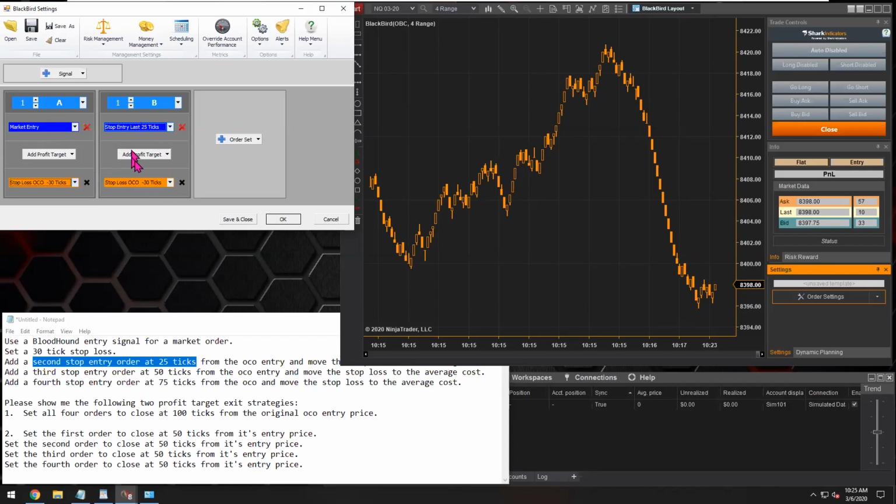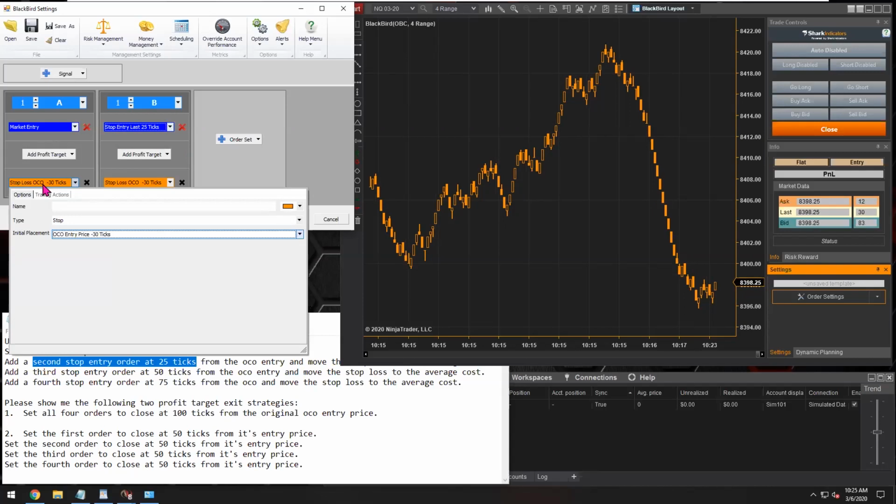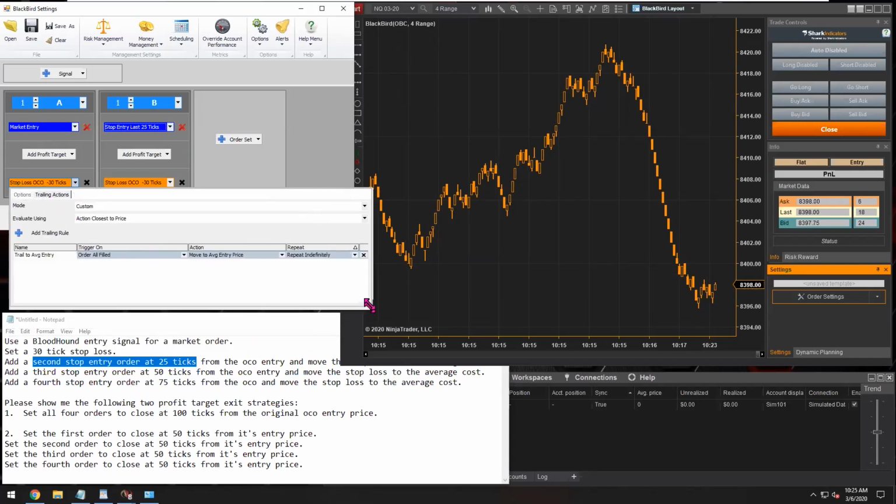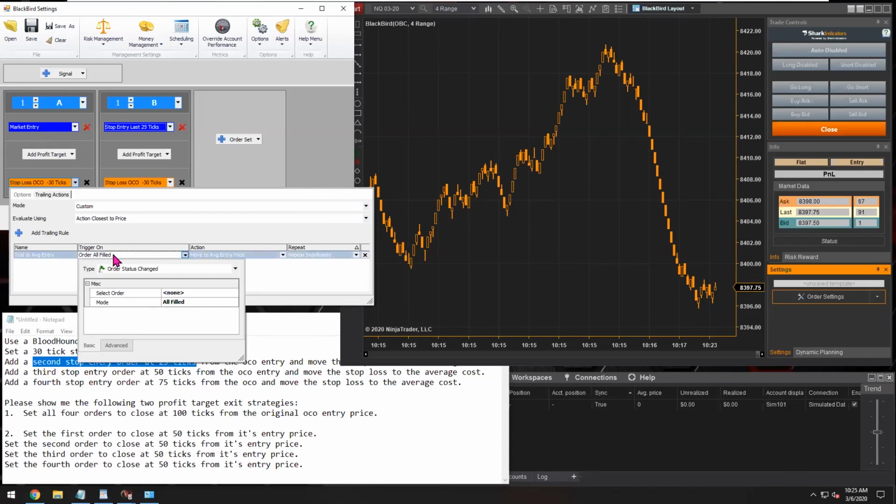So now that we have order set B made, let me go back to my stop loss trailing rule here. And remember I said we're going to use this trigger here. And so, we want the stop loss to start moving up to the average entry price when, let's see here, where is it?